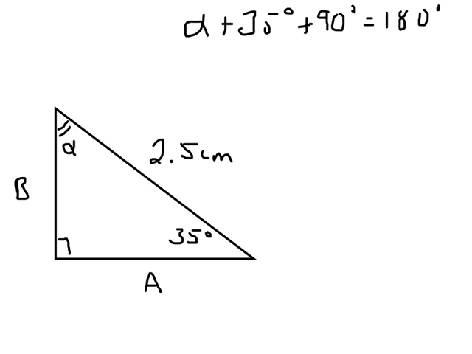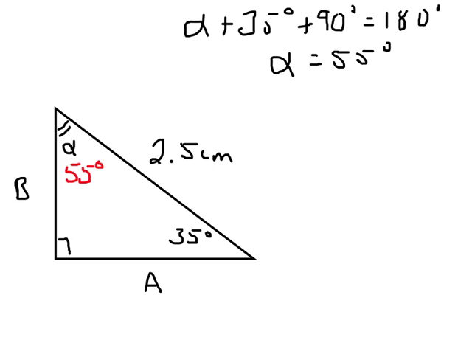Well, if we add up 35 degrees and 90 degrees, that's 125. 180 degrees minus 125, alpha must be 55 degrees. And so I can go ahead and write that in here so that I don't forget that I know it. Great. So now let's go ahead and figure out sides A and B.